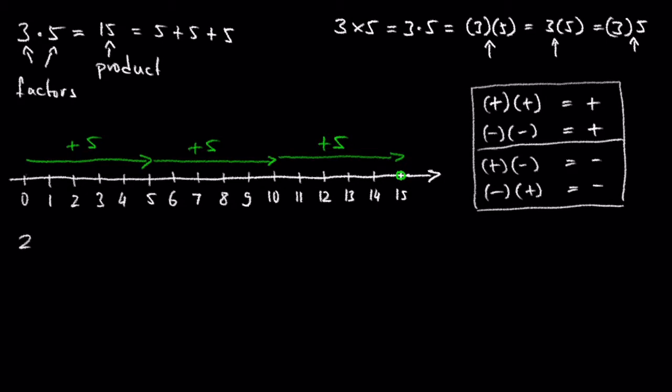Two times 2 is the same as positive 2 times positive 2. So the same signs multiplied is positive, and 2 times 2 is 4. So we get positive 4, which is 4.